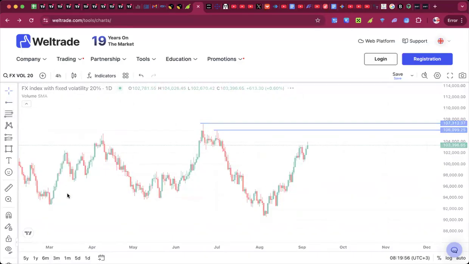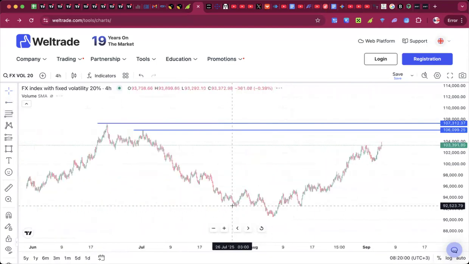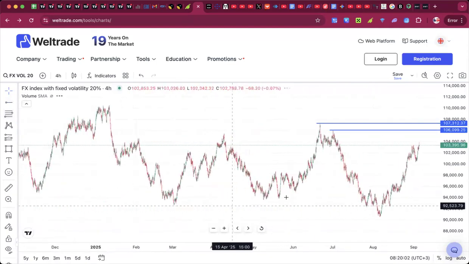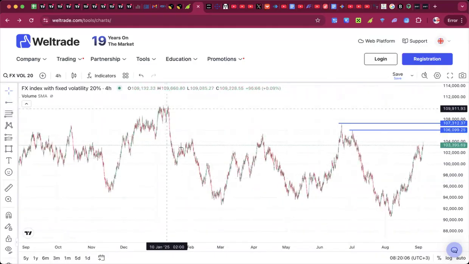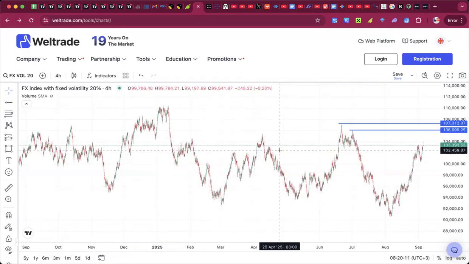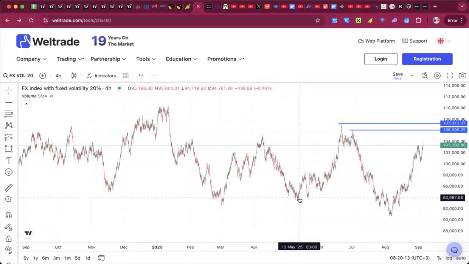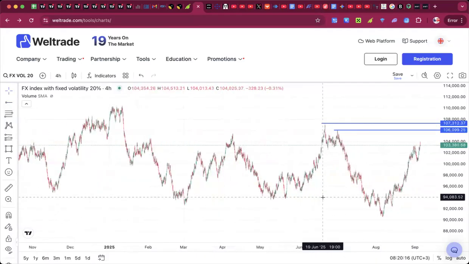Let's look at the 4 hours. You can see the 4 hours actually created a kind of structure. A high, a low, a high. So that means this is an internal structure. This is the main high, and this is a low.